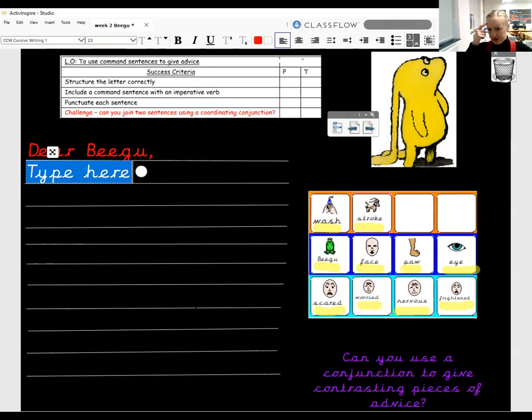Right, dear Bigu, I'm going to say, I am sorry that you are feeling... I'm going to use one of these words off my word mat. What about scared? Should we use scared? Scared and worried. I'm going to use both of them.